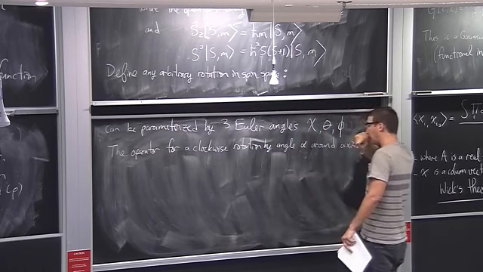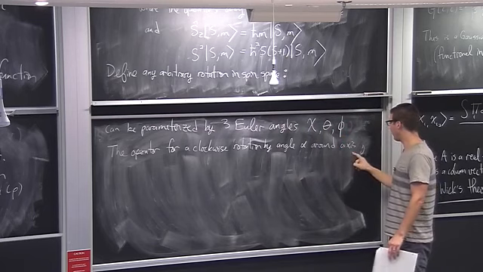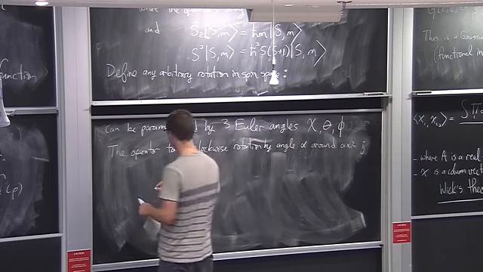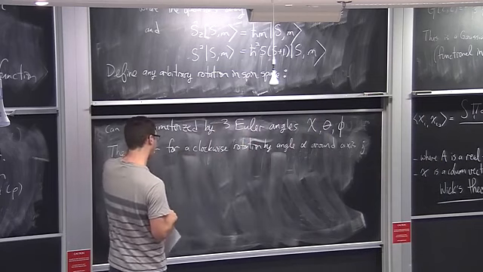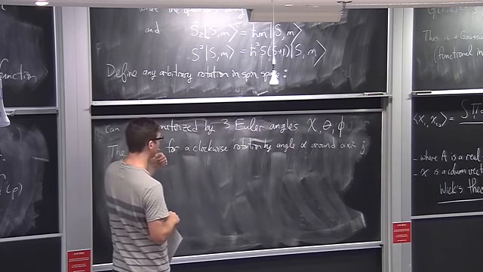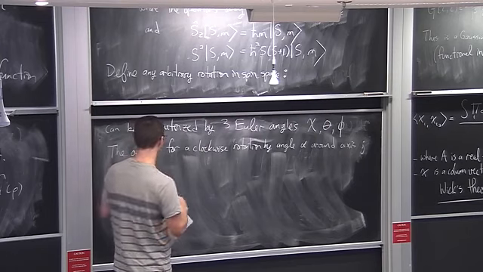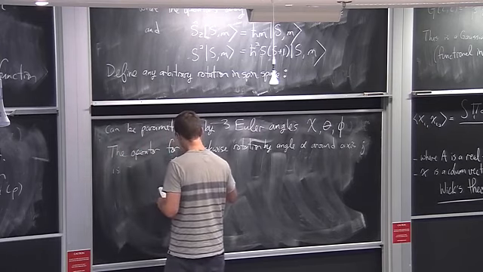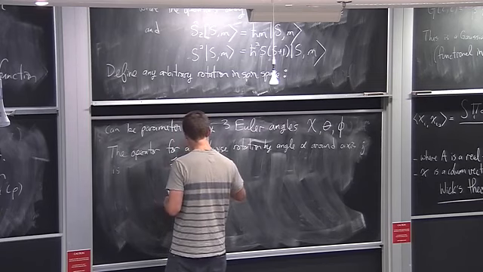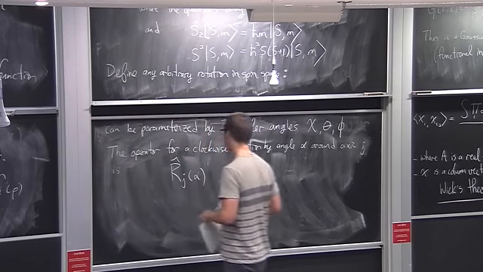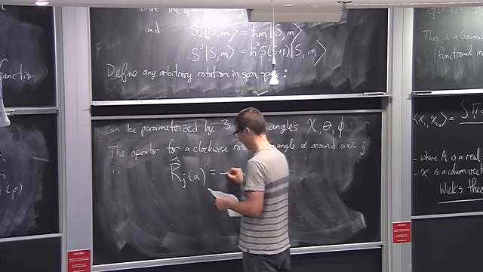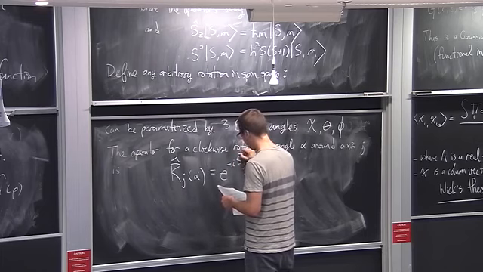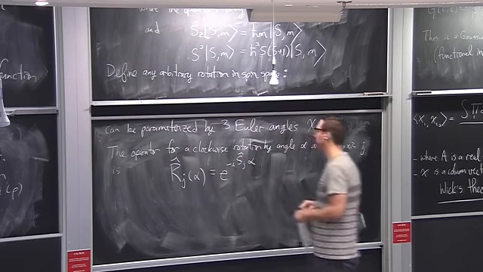So let me call the angle alpha and the axis J. The operator for a clockwise rotation by that angle around axis J is, by definition, the operator R_J(alpha).